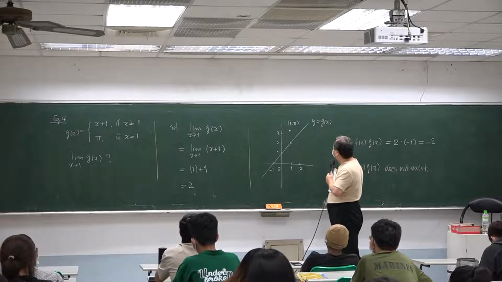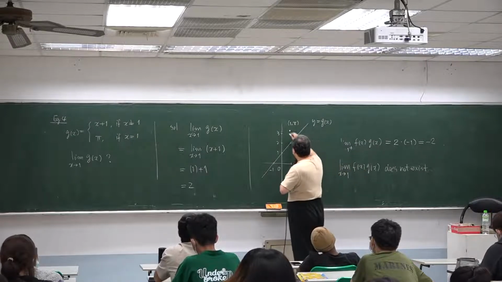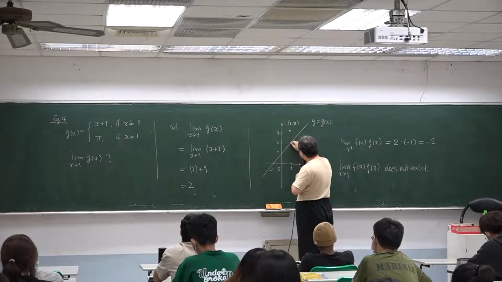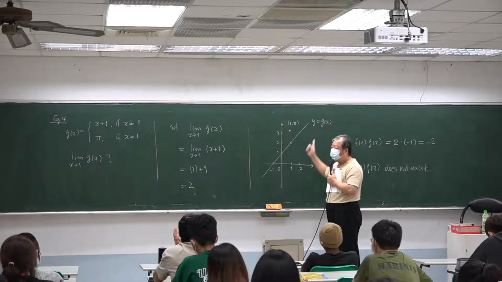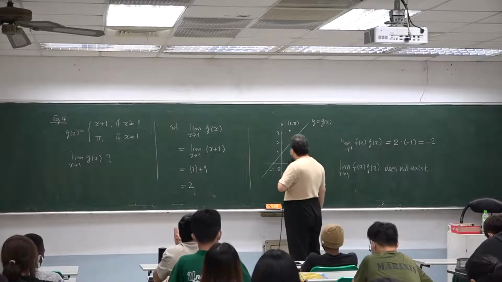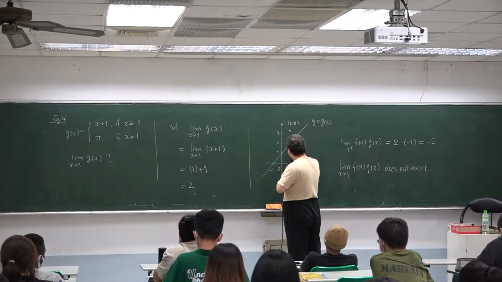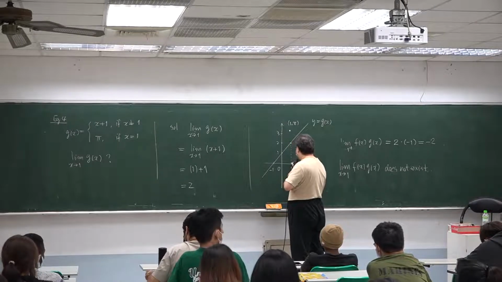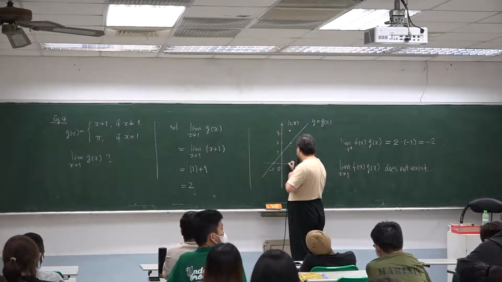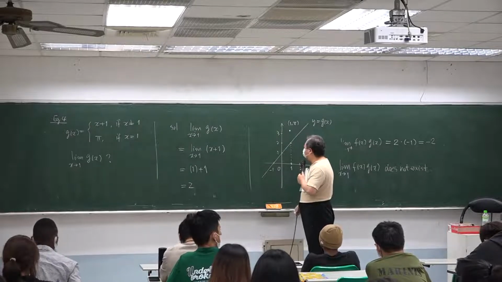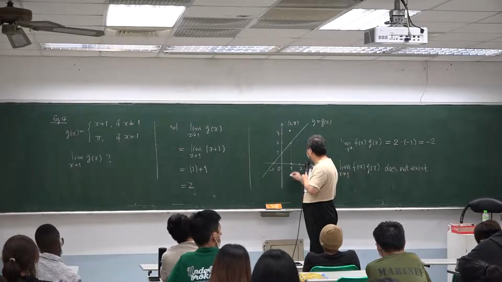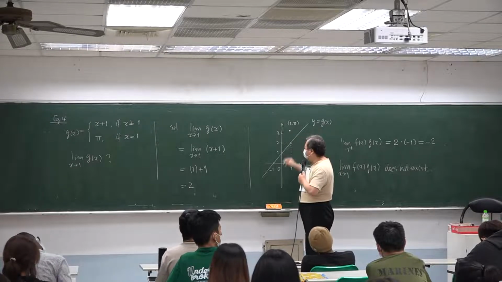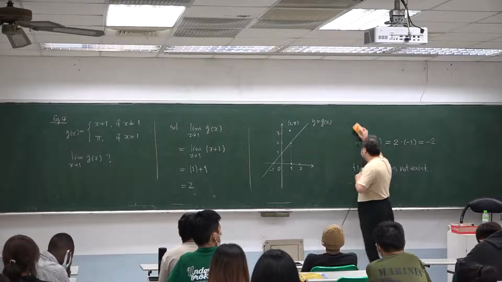So the graph of the function g is a straight line. This straight line has a gap here. Jump up. When we are talking about the limit when x approaches 1, we don't consider 1. So we just consider x which is not 1. In fact, not 1 is exactly this function.